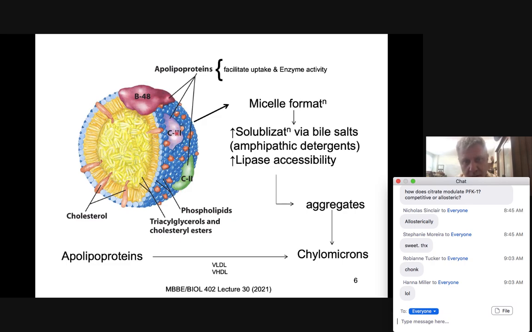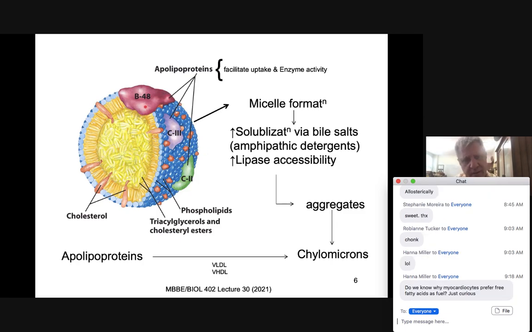But in the micelle, we have these particular proteins also ready for the enzymatic degradation of the triacylglycerols. So the idea is that we basically have locked away our fatty acids to increase solubilization because the bile salts have allowed us to form these micelles, by having these specialized and compact areas.